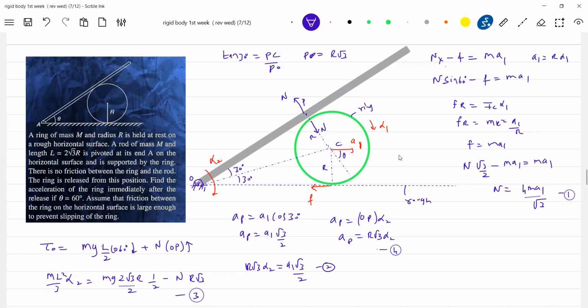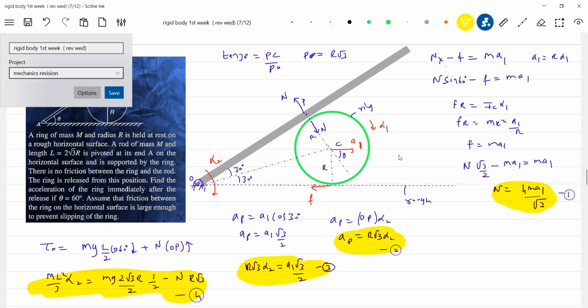So 1, 2, 3, 4. Let me write them all. So these are all the equations. Solving them, I'm just focusing on the motion of connecting bodies.